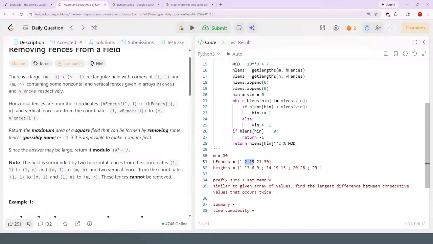How many ways would there be to get to 2 to 15? How many times would that repeat? Interesting.